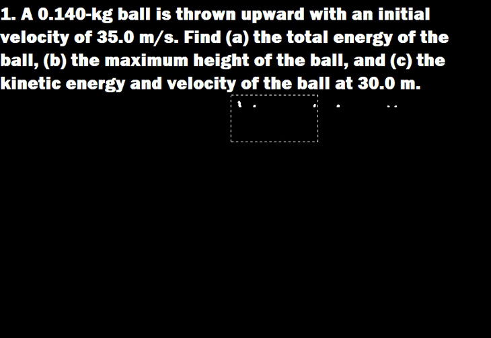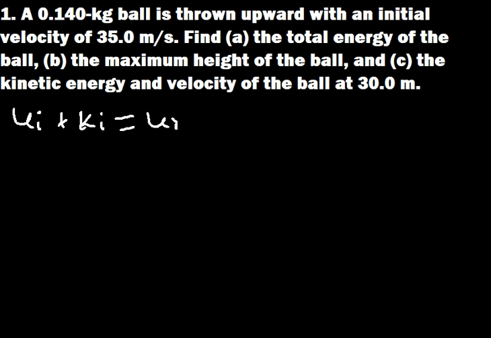And how about part C of the question? We should find the kinetic energy and the velocity of the ball at 30 meters. So using the same principle of conservation of mechanical energy, the initial potential energy plus the initial kinetic energy is equal to the final potential energy plus the final kinetic energy.